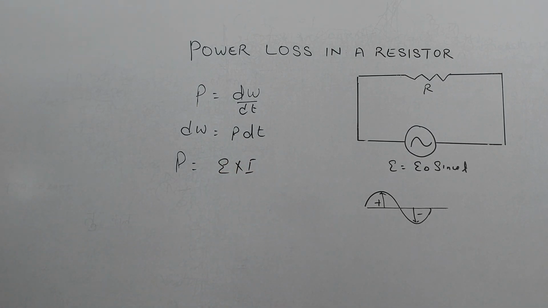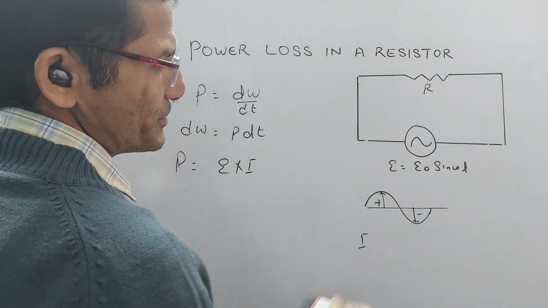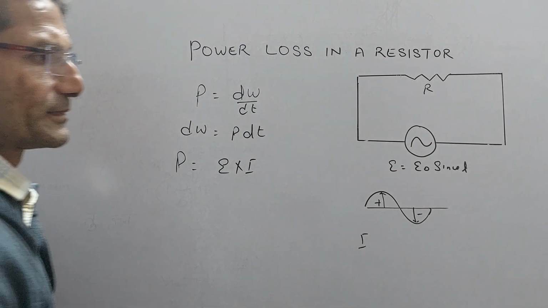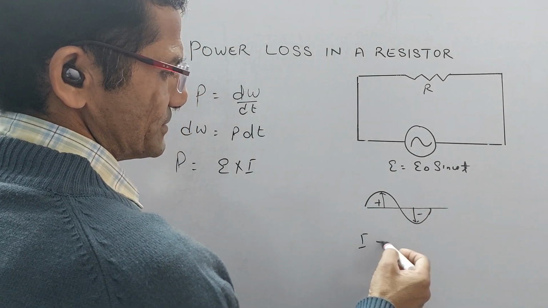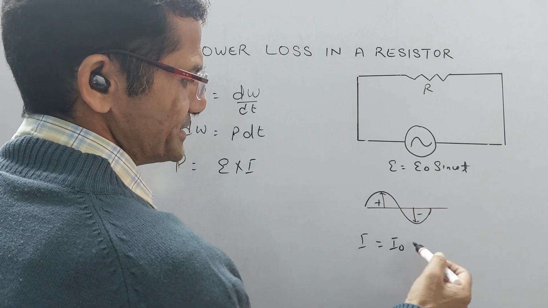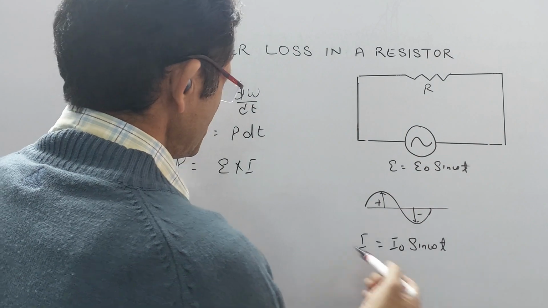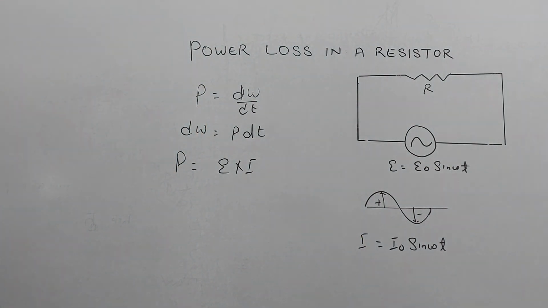The current will be in the same phase as the alternating voltage. Therefore our current at time t will be I equal to I naught sin omega t.